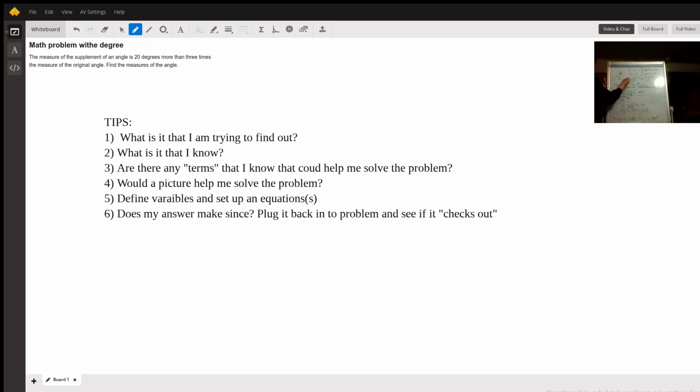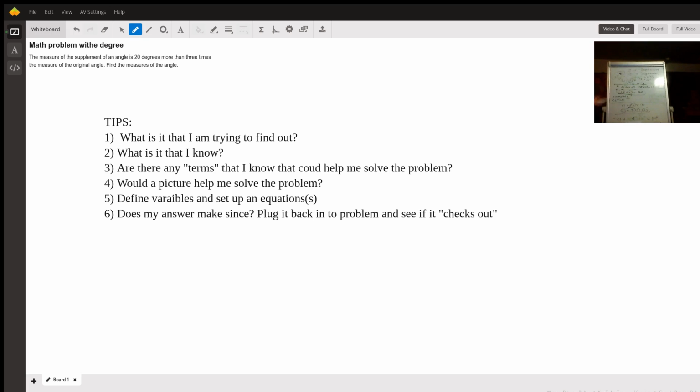Or, if we pull it back into this original equation, is angle 1 plus angle 2 equals 180 degrees? Does angle 1 plus angle 2 equal 180 degrees? Okay, well, we said angle 1, our original angle, is 40 degrees, plus our angle 2, we said was 140 degrees. And I believe that equals 180 degrees. It checks out.